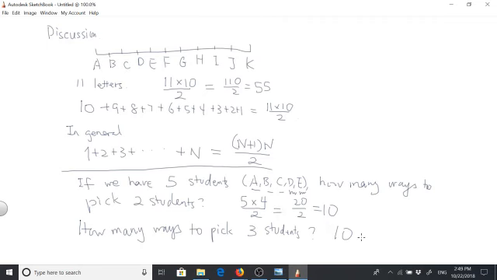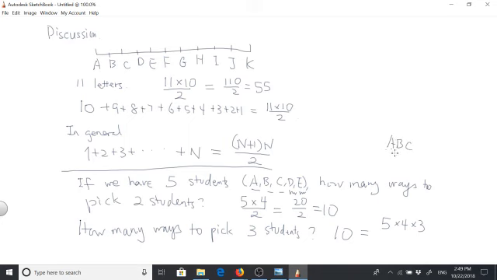Okay, of course, if you want to do the calculation, here's how you do it. Well, you have 5 ways to pick the first student. You have 4 ways to pick the second student. And you have 3 ways to pick the third student. But now, how much double counting you have? It's no longer AB equals BA.